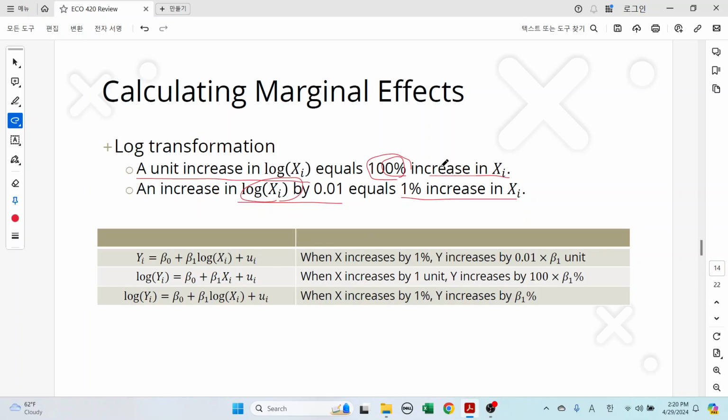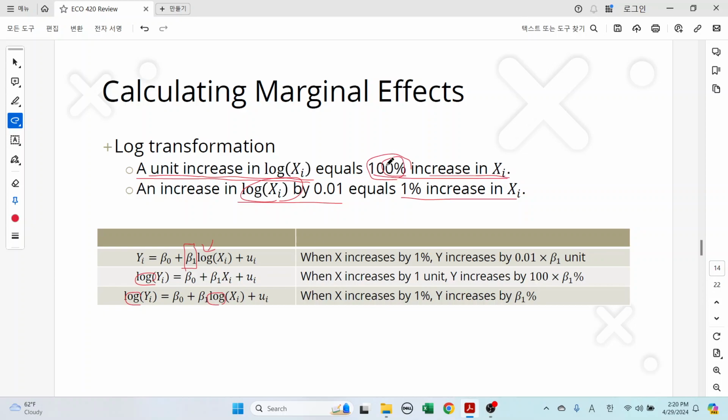Approximately. And then you can think about 3 different combinations, right? When x is logged, or y is logged, or both. In this case, beta 1 implies that when log of x increases by 1 unit, y will increase by beta 1. But a 1 unit increase in log of x is a 100% increase in x.